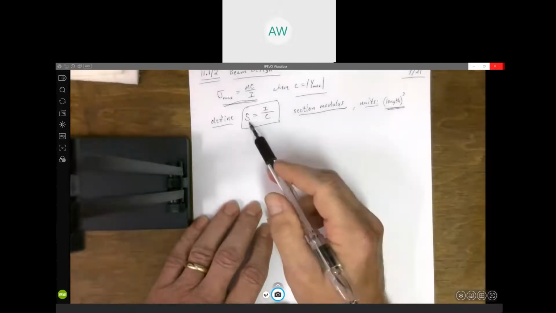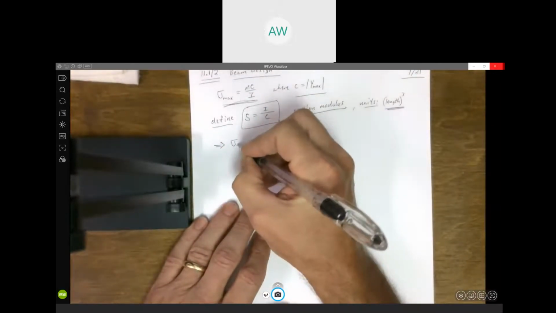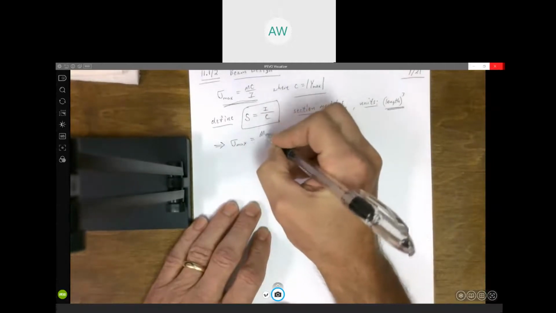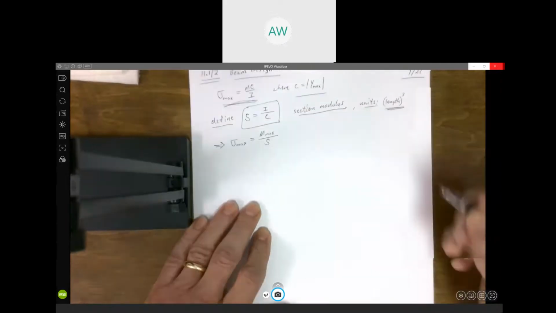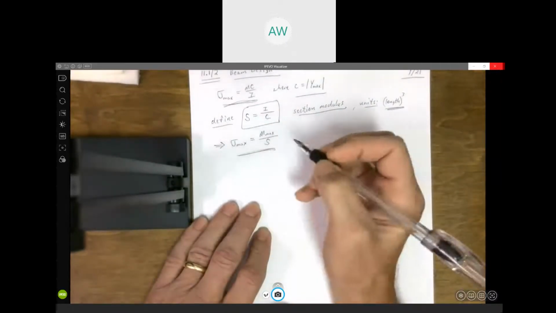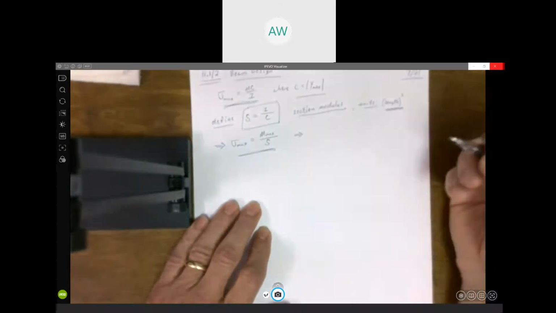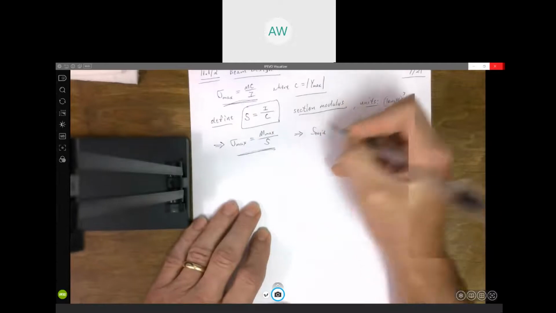So if we define S as being I over c, then our maximum bending stress is whatever the maximum moment is divided by the section modulus. How we're going to use this is to get the required section modulus.